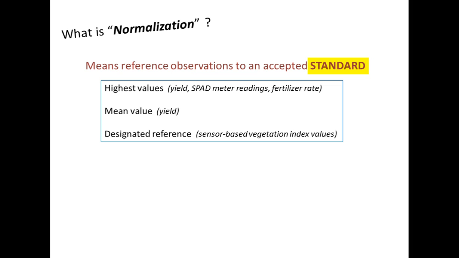And likewise with fertilizer, we might use the highest fertilizer rate, assuming that that will apply more than enough nitrogen for the crop. And so the readings that we get from our sensors or the imagery from that high nitrogen rate, that's going to be the happy crop.